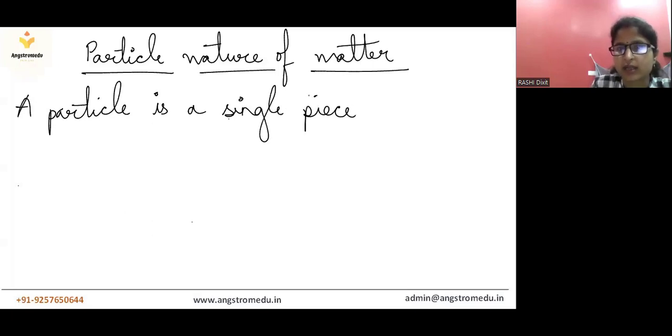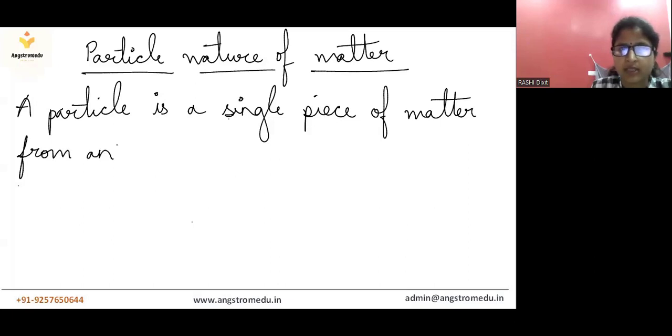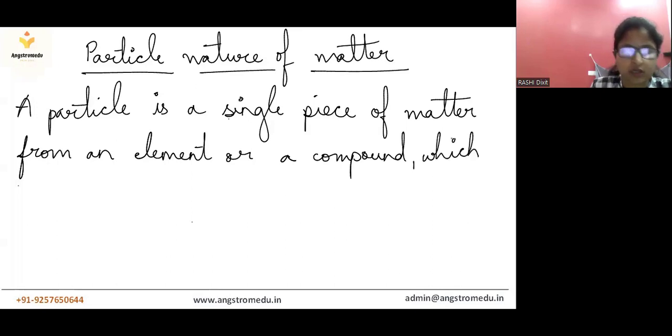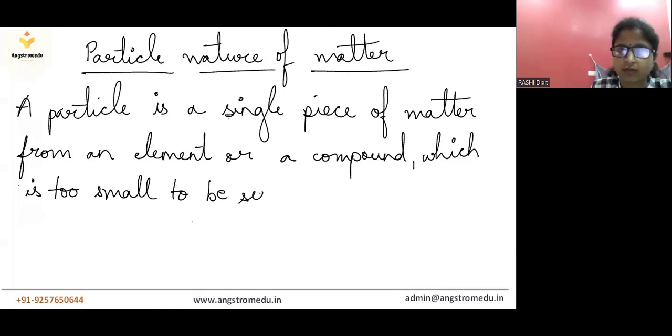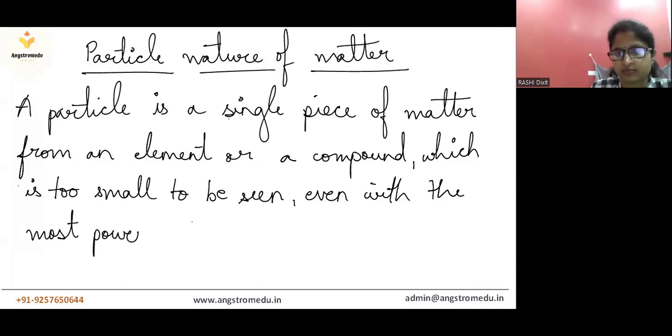Or we can also say the smallest piece of matter from an element or a compound which is too small to be seen even with the most powerful microscope.